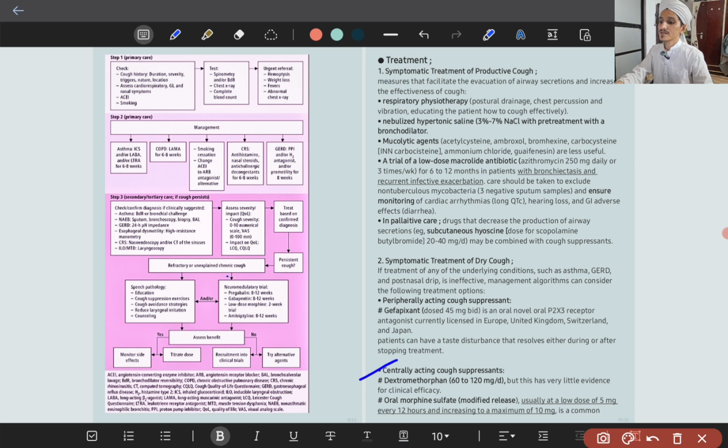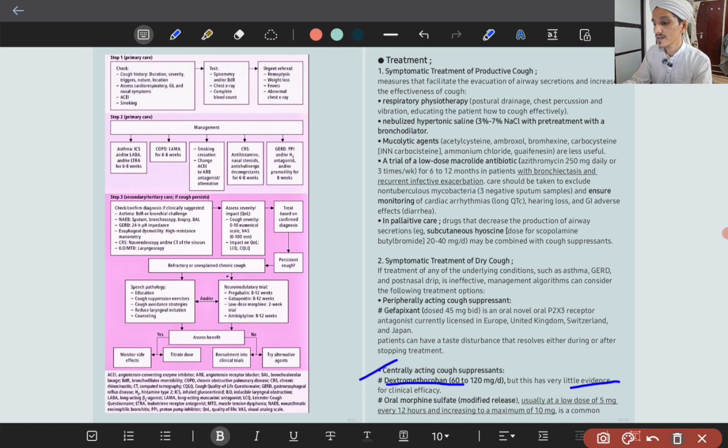Centrally acting cough suppressant which is commonly used is dextromethorphan, but it has little evidence. But still, the Indian government suggests using this dextromethorphan. In children, some countries say not to use this drug, but in India they say to use this in children from 6 years to 12 years of age.